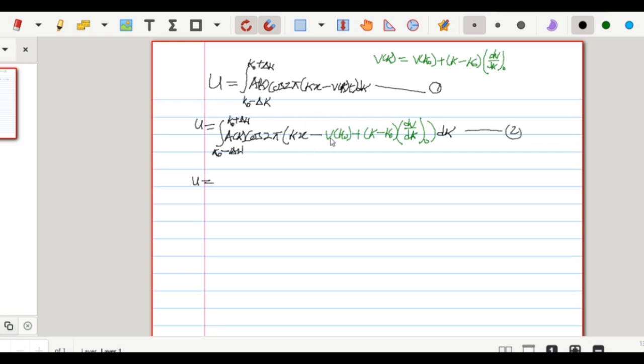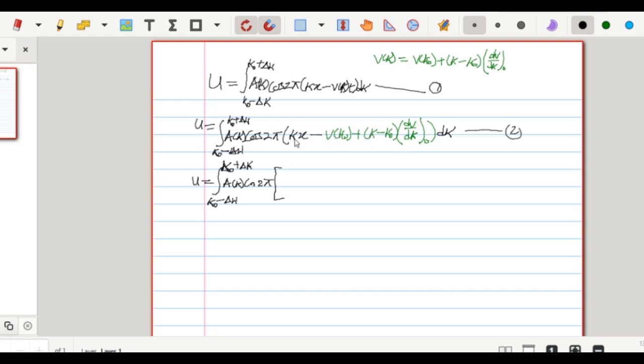Now let's open this bracket and rewrite this way: the integral from k naught minus Δk to k naught plus Δk of a(k) cos 2 pi, and then we have this. Let's open the bracket and collect like terms.